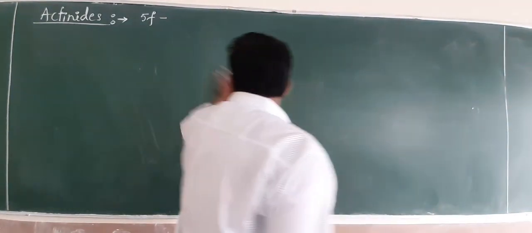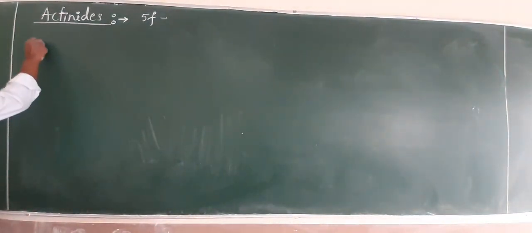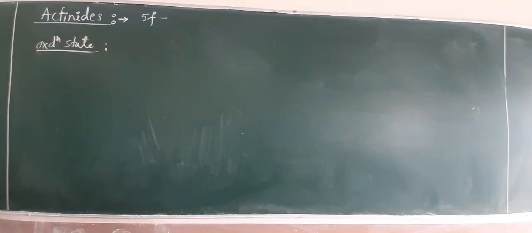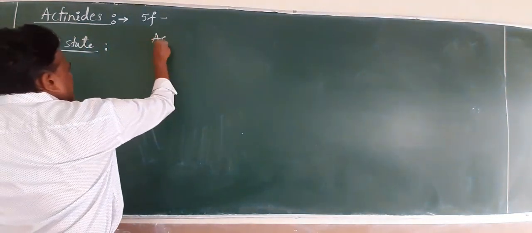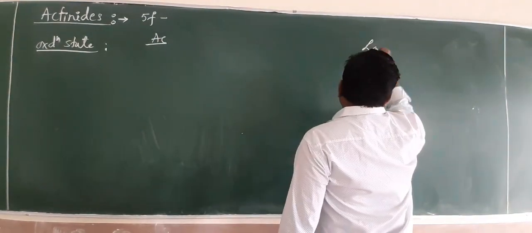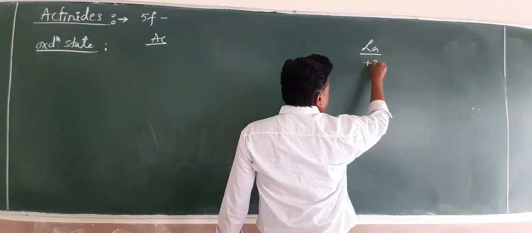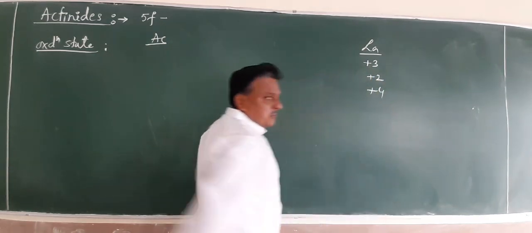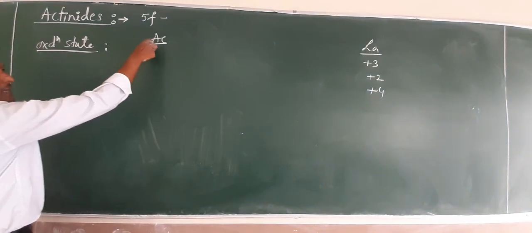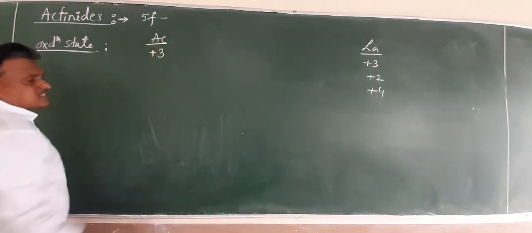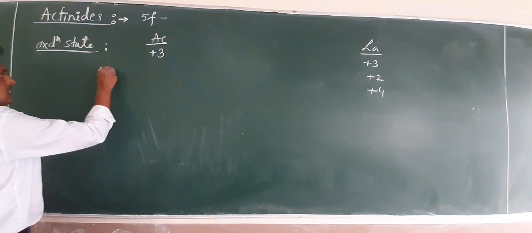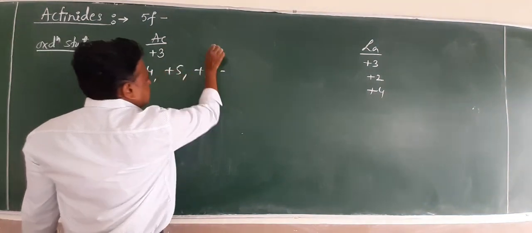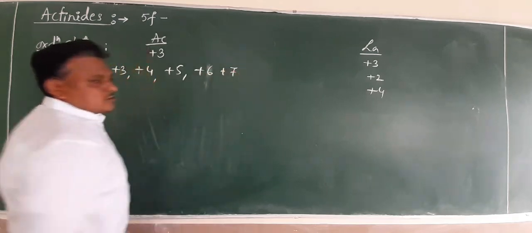The actinoids have a very interesting character in oxidation states. Similarly, coming back to the lanthanide: its common oxidation state is +3, lowest is +2 and highest is +4. But in actinoids, the common oxidation state is +3, and +4, +5, +6 as well as +7 are also possible.